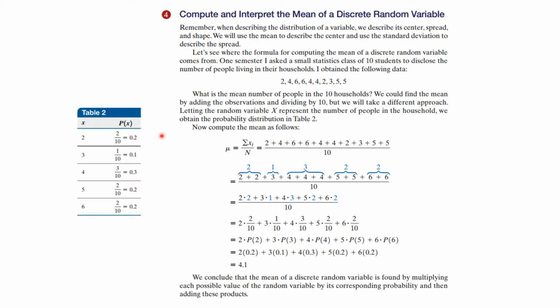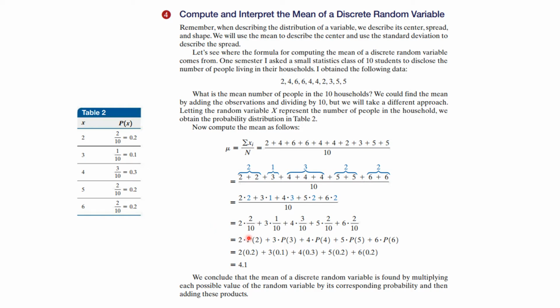Now, I could find a common denominator and write 0.2 as 2 over 10. This is 1 over 10. And so I actually could look at this as adding up the values. See, there's 2 2s, and there's 1 3, and there's 3 of these 4s. You see I'm getting that from there too. So I'm expanding this as a frequency, and I'm dividing by 10.